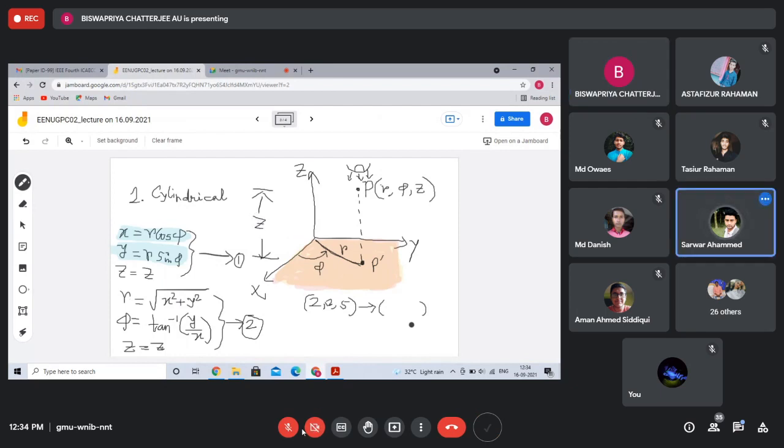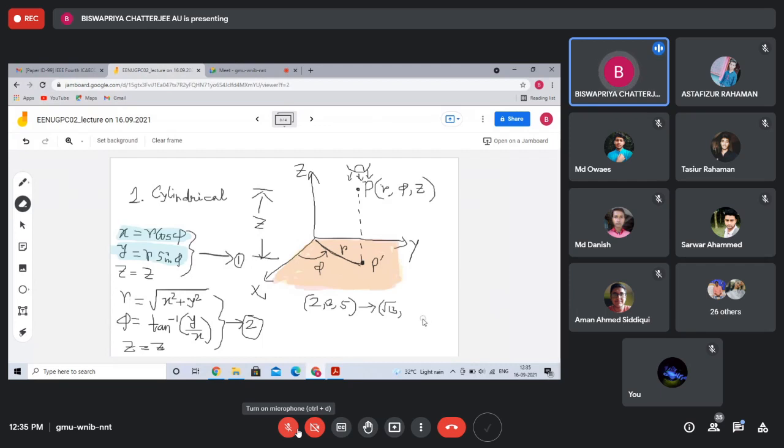Yes, sir. In this case 2 and 3 will be x and y respectively. So r will be root of 2 square plus 3 square, 4 plus 9, that is root 13. The angle will be tan inverse of 3 by 2.